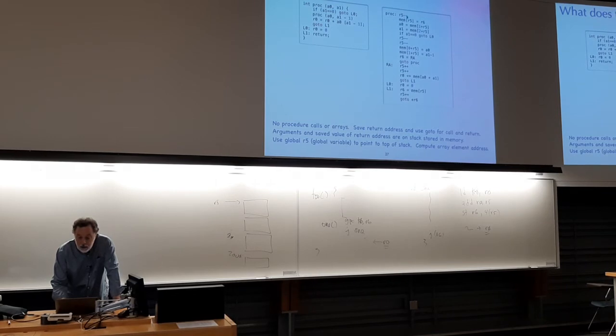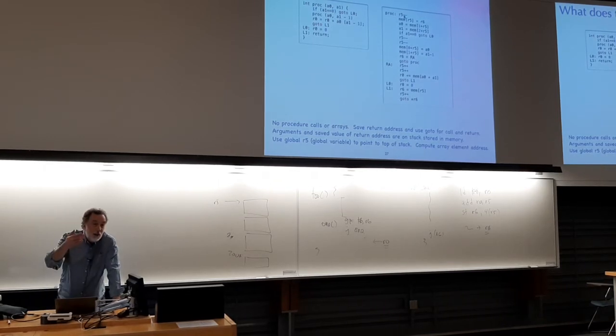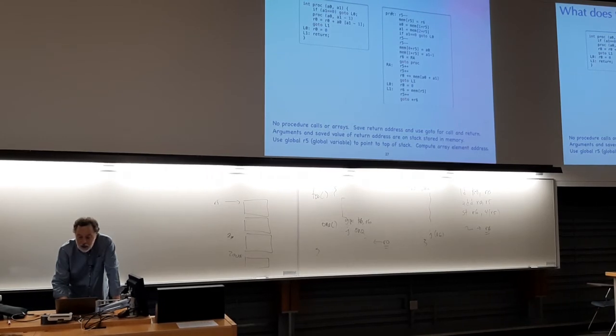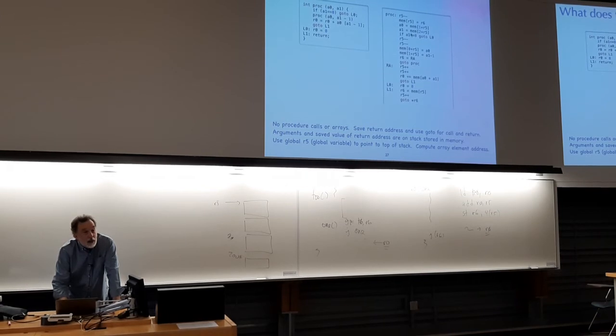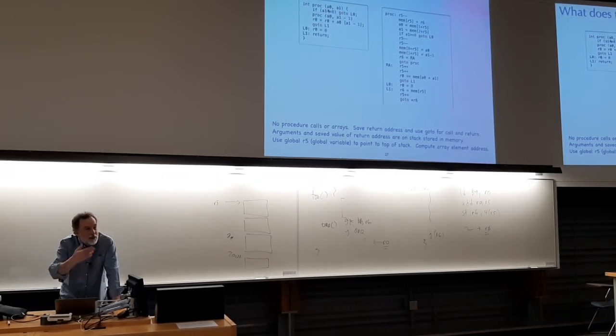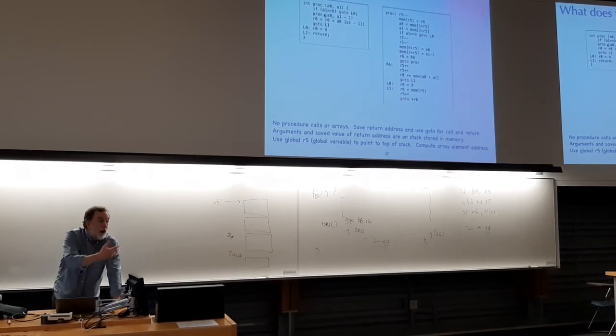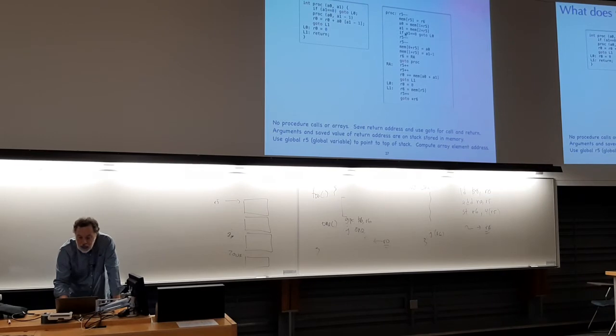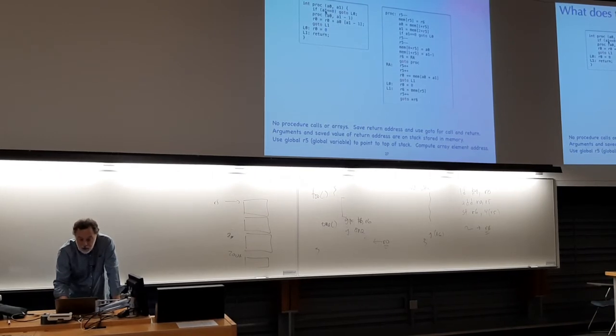Subtract, so this is the pointer to an int, so I'm really subtracting 4 by subtracting 1. I save the return address. Then I read the arguments from the stack. We know that A0 and A1 are on the stack somewhere. And if I want to use them here, they have to be read from the stack, so I'm just doing that. And now I have the if statement.